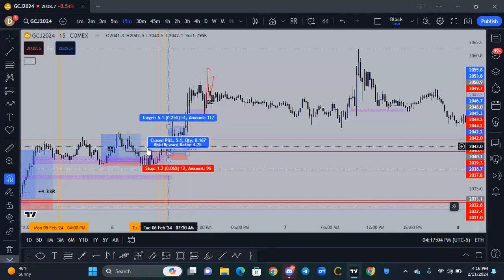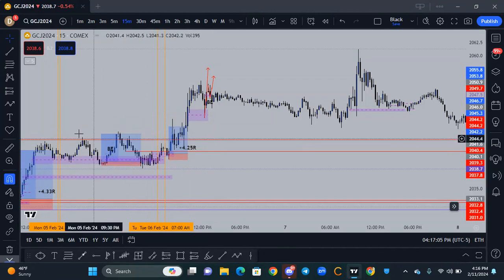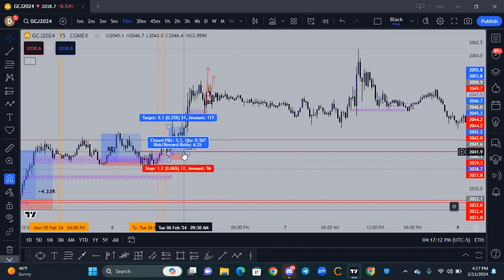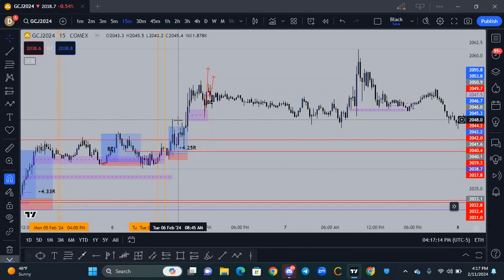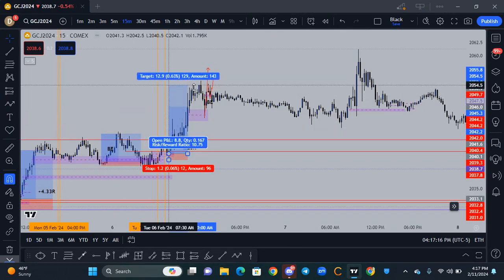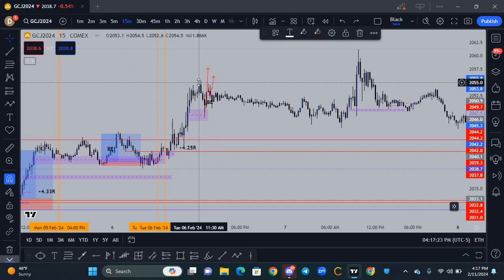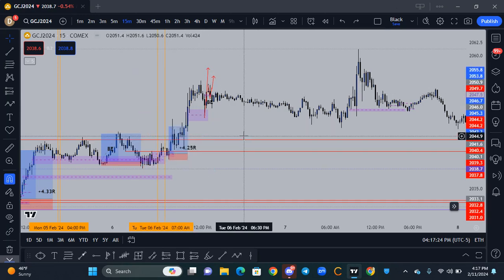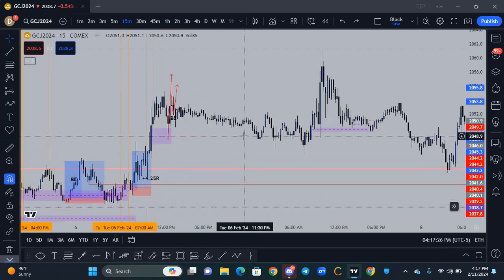This was a break even. I should have at least partialed here. I would have had plus 3 locked in, but it didn't matter. Took this, ended up closing here, but this ran to a whopping 1 to 11 around there, 1 to 10 or whatever. But I ain't mad with the 1 to 4.